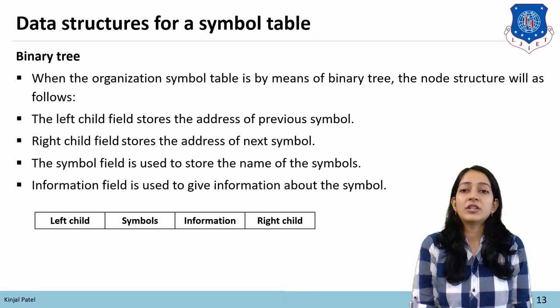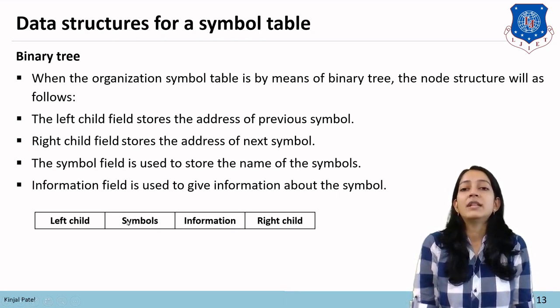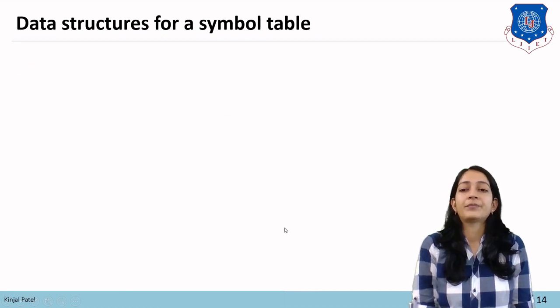The space complexity is high but the time complexity is low. Here is the structure of the binary tree: the left child stores the value of symbols, the right child also stores the value of symbols, and then the symbols and their information. In this way the information will be stored.